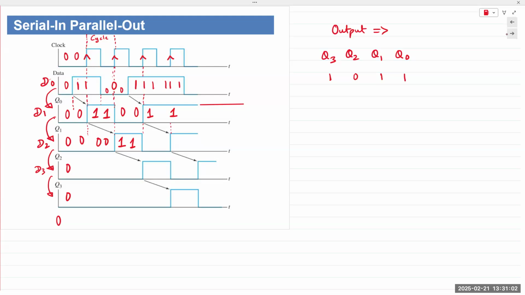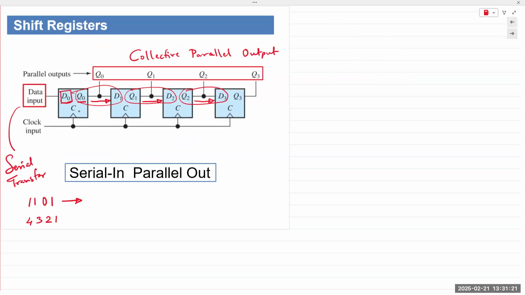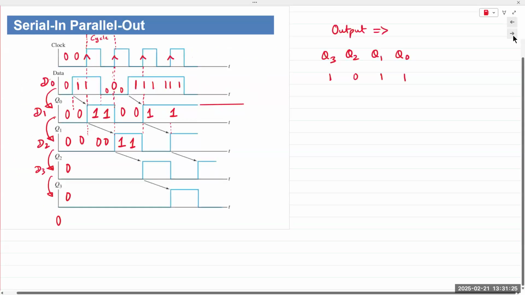For every clock cycle, the data shifts in a serial fashion. It cascades down the line because the output of the first flip-flop is connected as input to the next. So again, output of each flip-flop is connected to the next flip-flop in line. Okay.